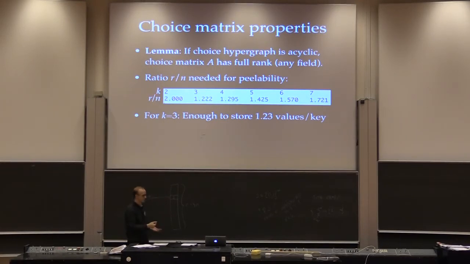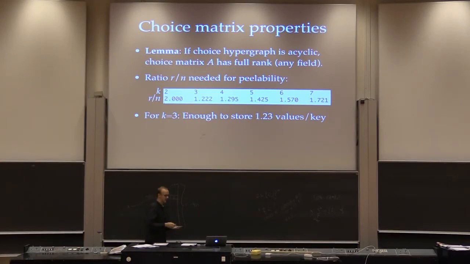If we go to 3 hash functions, it drops significantly. Now it's around 23%, or less than 23%, above the minimum we could hope for, which is 1. If we go to 4, it actually gets worse.